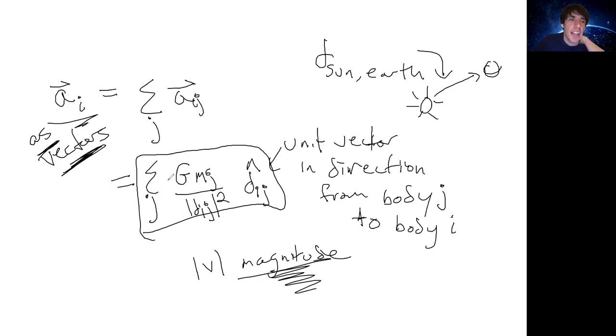But then once we've done that, we can just type in this formula as an operation on vectors, and we'll get a formula that we can type in to calculate these accelerations.